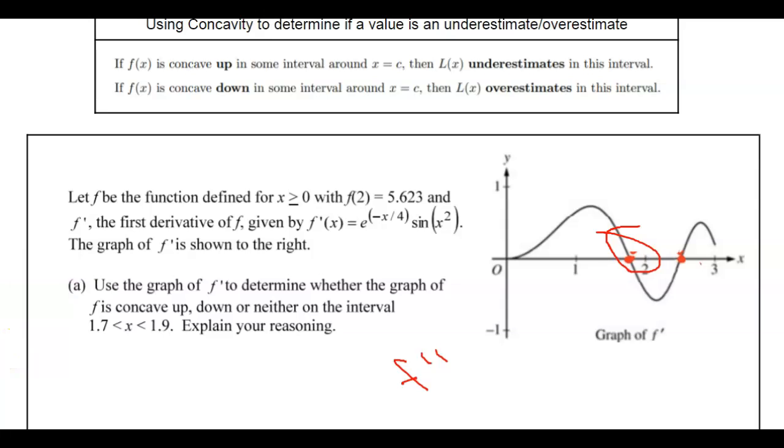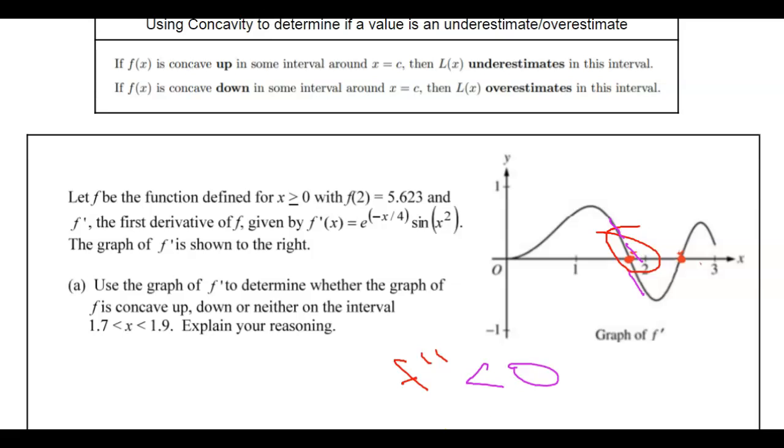So what we know, let's do purple, is that if I want the tangent slopes, it doesn't even matter if I knew exactly, but all of these tangent slopes, what do you notice? Well, they're all negative. So I know that the second derivative from 1.7 to 1.9, or even from probably like 1.3 to 2.1, they're all negative.